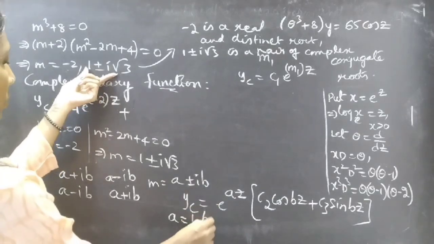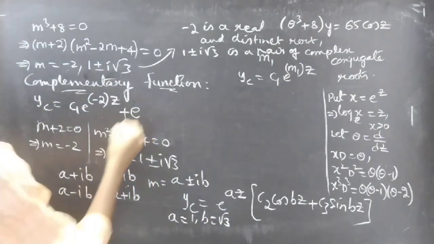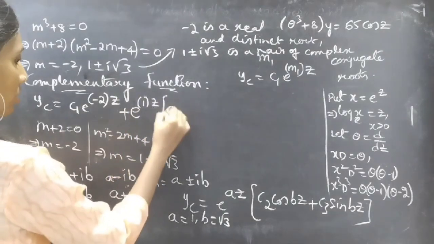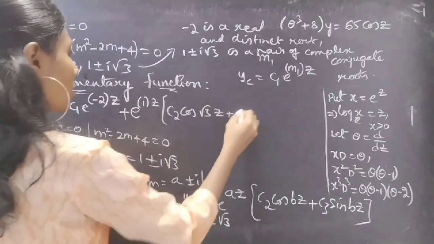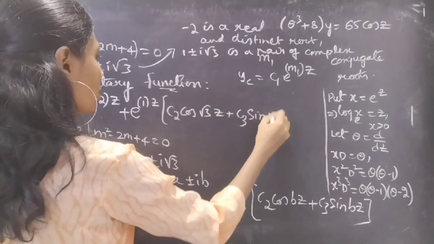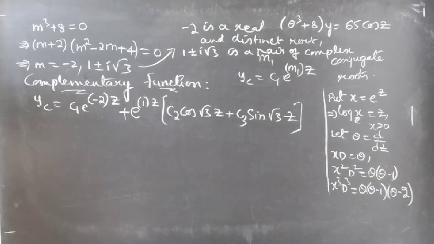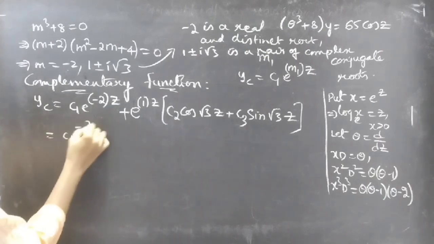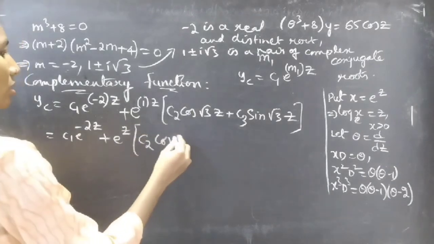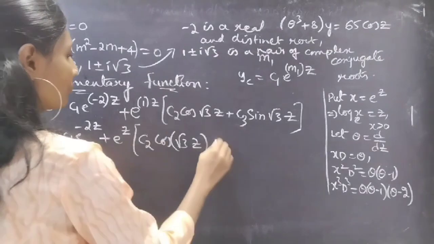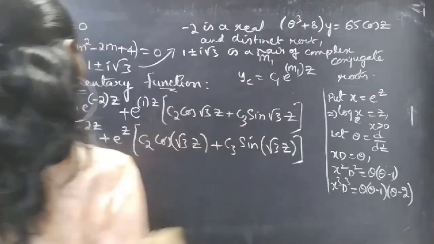For a = 1 and b = √3, we'll get e^z into c2 cos √3z + c3 sin √3z, which equals c1 e^(-2z) + e^z (c2 cos √3z + c3 sin √3z).